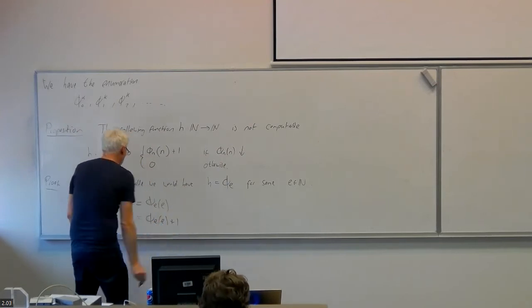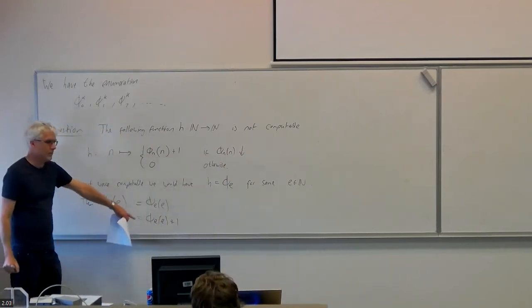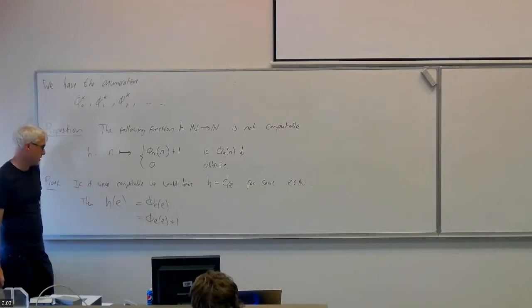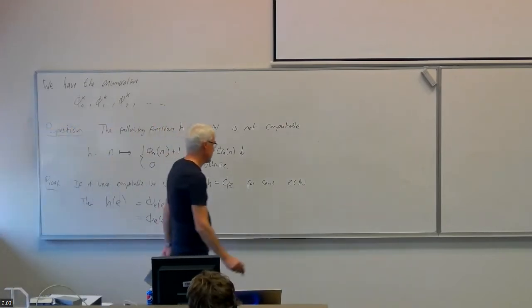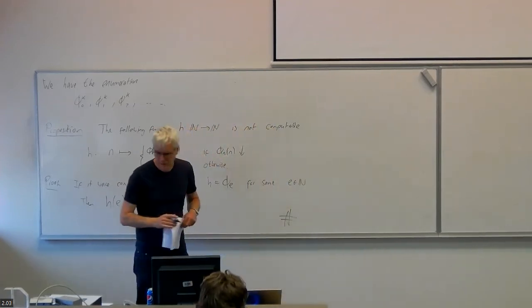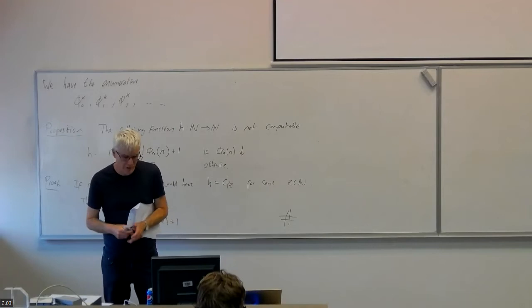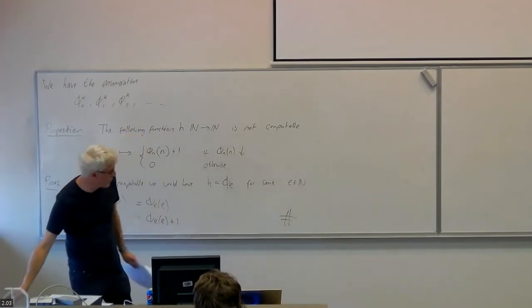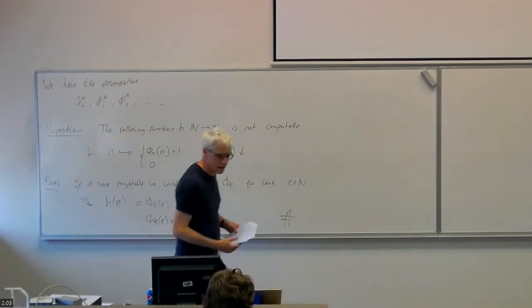And that's, of course, a contradiction because the value h of e cannot be these two different values. This is, as you know, my symbol for a contradiction. We get a very simple contradiction, and so that function is not computable.